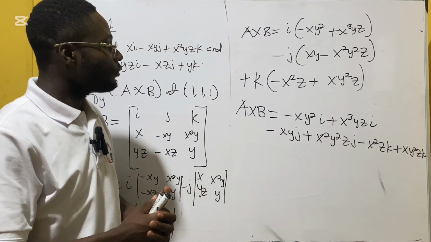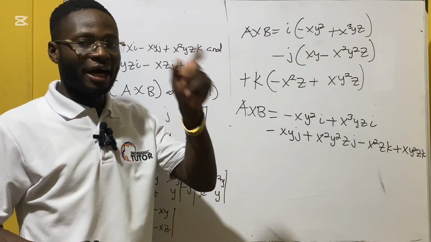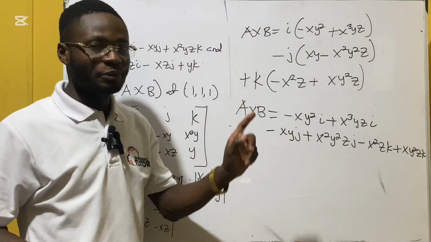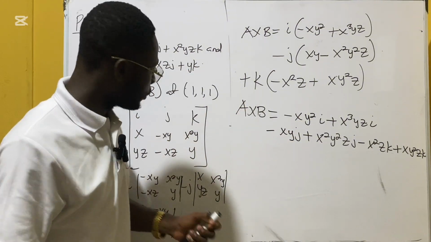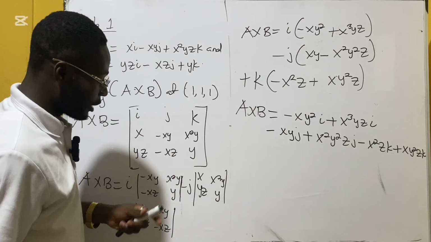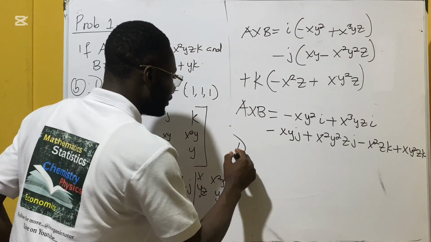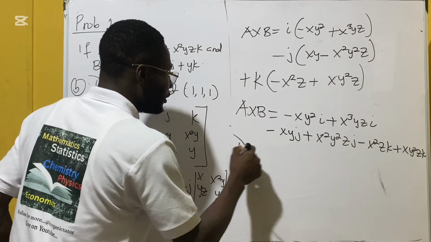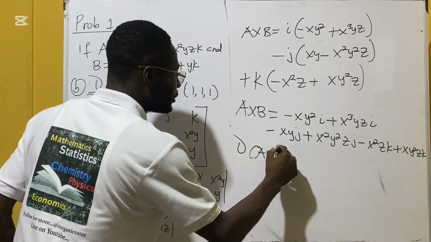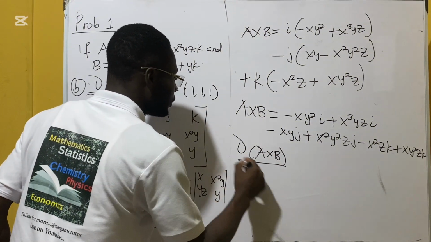Now, we have to find the derivative of this with respect to y. So we can continue here. Derivative of A cross B with respect to y.